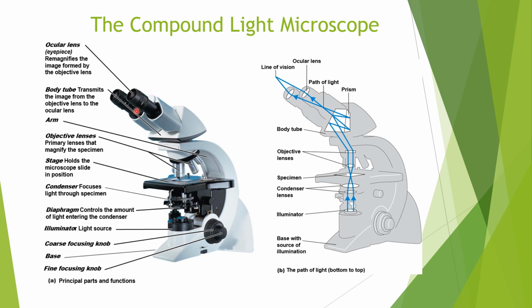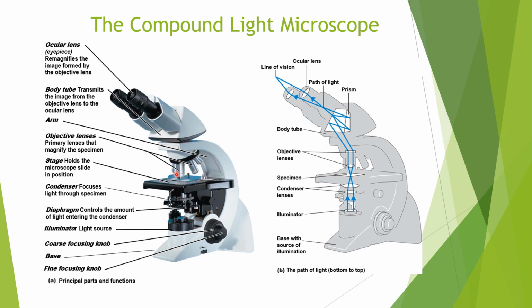The ocular lens is going to magnify it, and the objective lens is going to magnify it. At the end of the day, we have to figure out the total magnification. To figure out the total magnification, you multiply the power of your ocular by the objective lens.